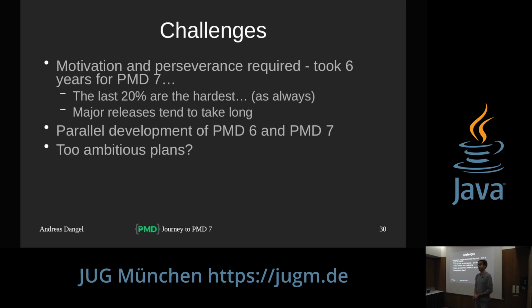We had big plans and many ideas at the beginning, so maybe we also had too ambitious plans, but as I said, we revised the plans, and plans are there to be changed. We also have a milestone for 7.x on GitHub. These are all the ideas and issues we moved out.